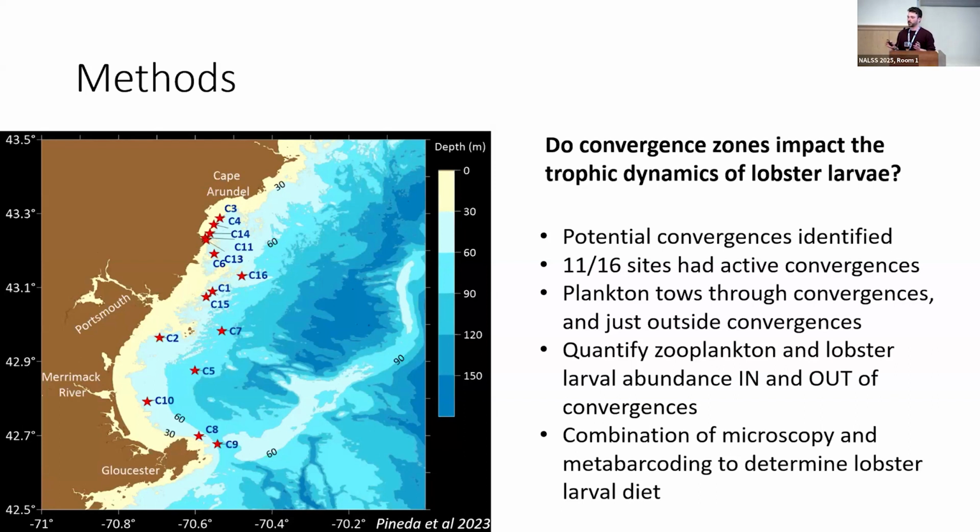At each of those sites, the abundance and identity of the zooplankton were quantified both inside and outside, and also the lobster larvae and their stage. And then I took a combination of microscopy and metabarcoding to look at the diets of lobster larvae, both inside and outside those convergence zones.